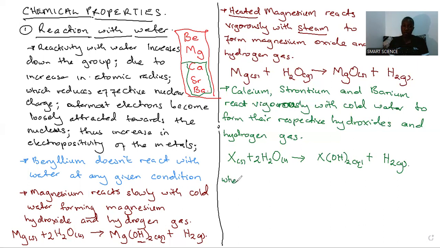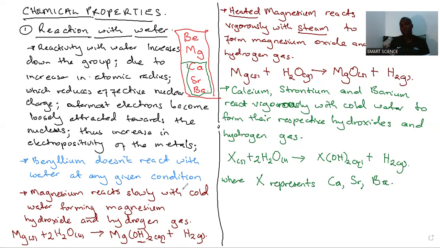However, the moment you use a general equation, you have to tell us the elements which are represented by the unknown you've used. So where X represents calcium, it represents strontium, and it also represents barium.